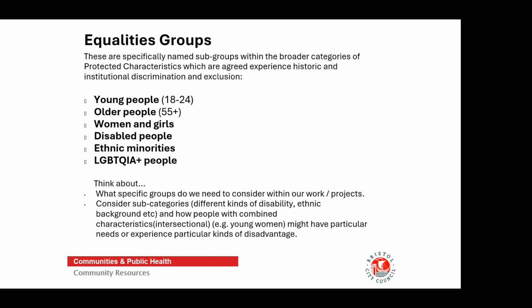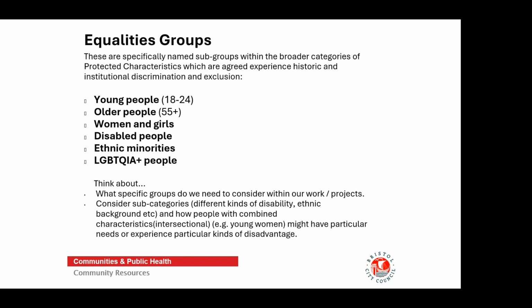So looking at these groups, we're particularly wanting to highlight the specific equalities groups who historically have experienced the greatest inequality and barriers. And these are named subgroups within those broader categories of the protected characteristics. So thinking about young people between 18 to 24, older people, 55 plus, women and girls, disabled people, ethnic minorities, LGBTQIA plus people.